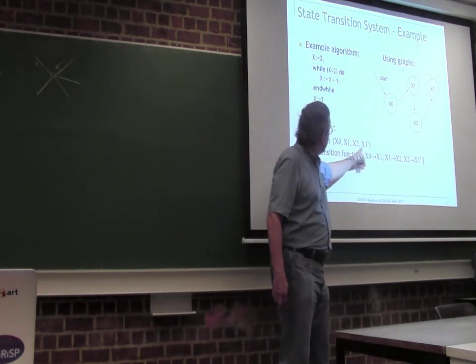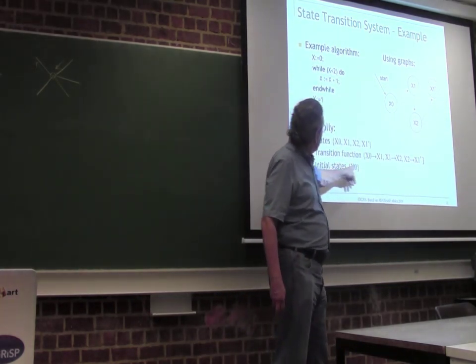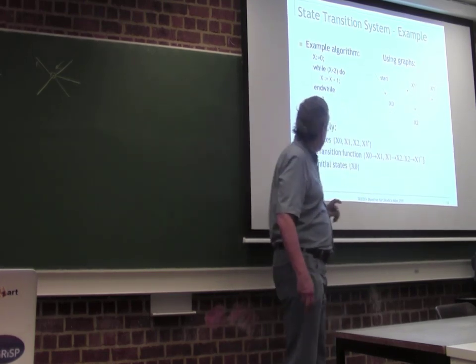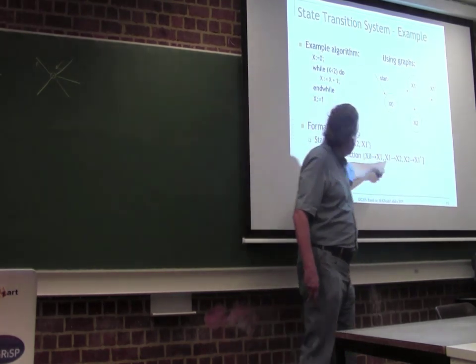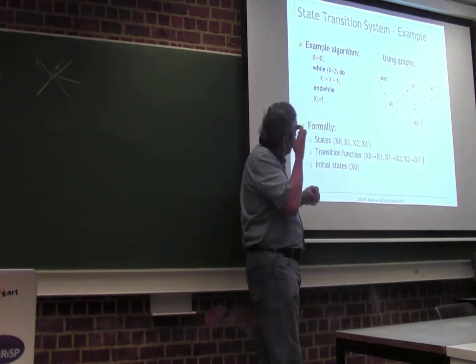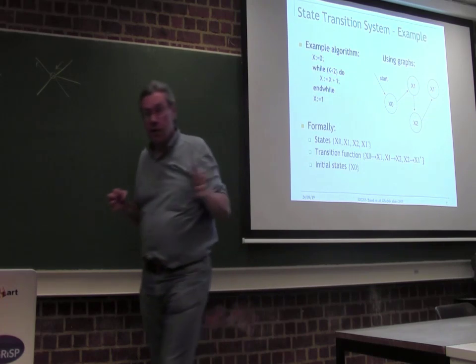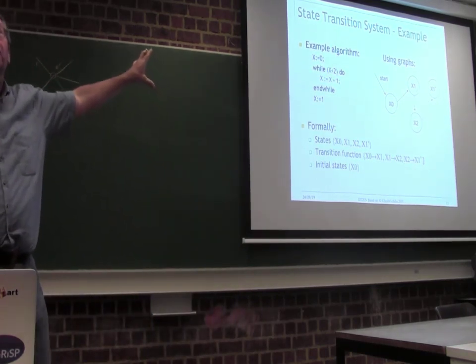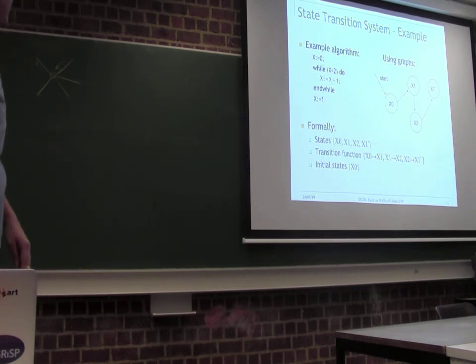So there's a transition function. When we're in the 0 state, the next state will be the 1 state, then when it increments x, the 2 state, and then it goes back to 1. And the initial state is x equals 0. So it's very simple, huh? The complexity of distributed systems is not here. This is the simple part. Okay, state transition system.